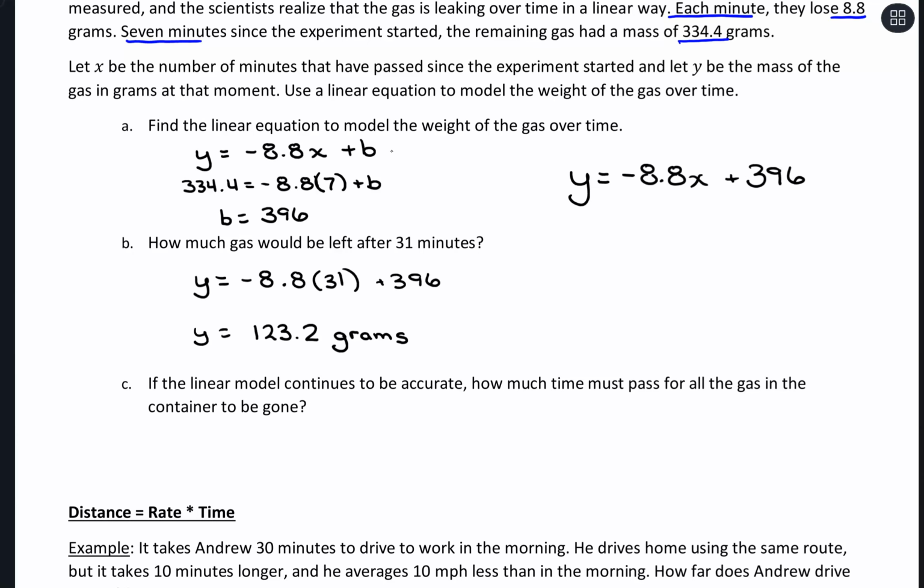If the linear model continues to be accurate, how much time must pass for all of the gas in the container to be gone? So this would be a case where the amount of gas would be equal to 0. So we're solving 0 equals negative 8.8 times x plus 396, which if we add the 8.8x to both sides, just to make that nice and positive, what we'll get is x is equal to 396 divided by 8.8.